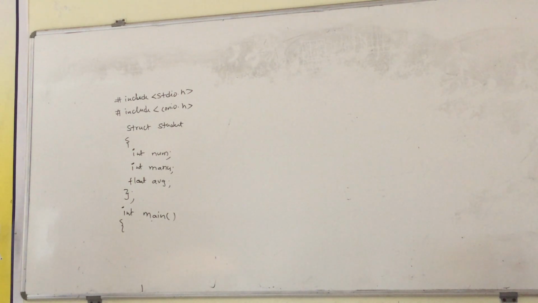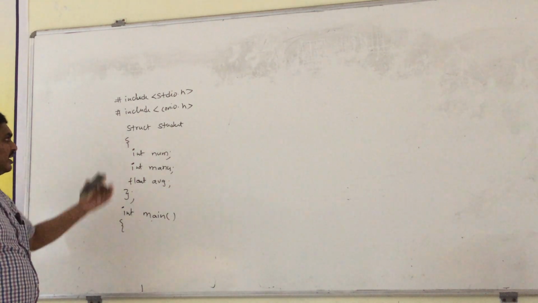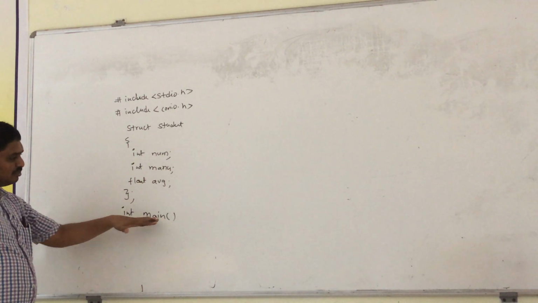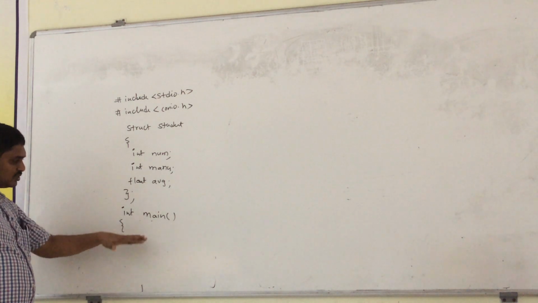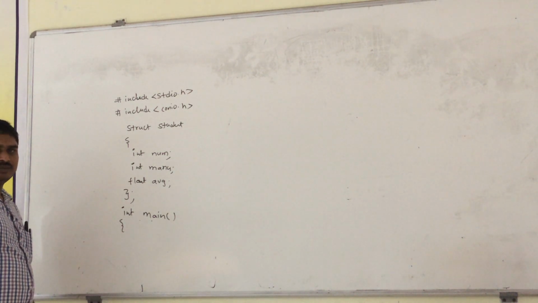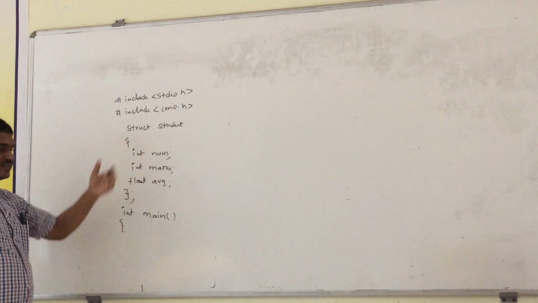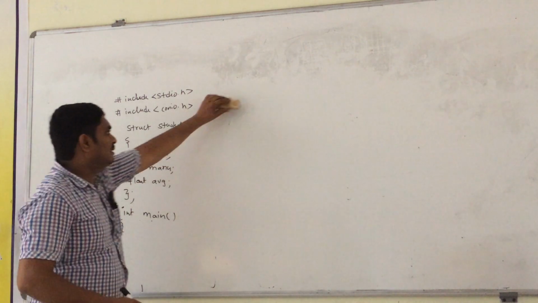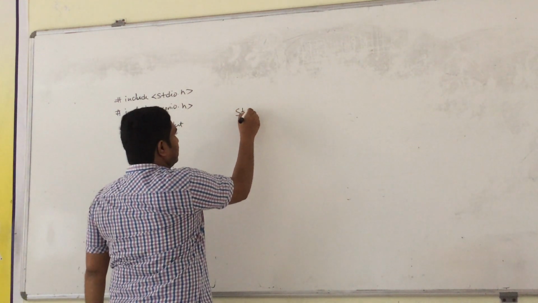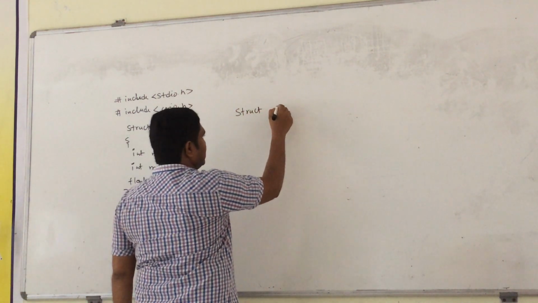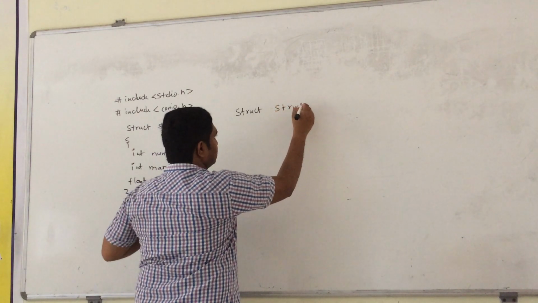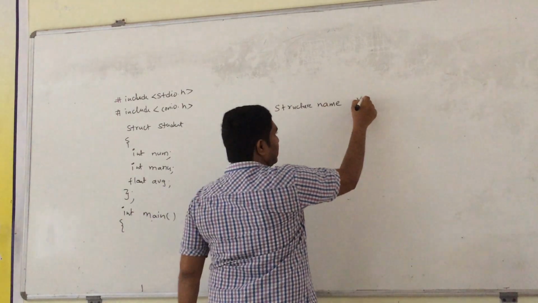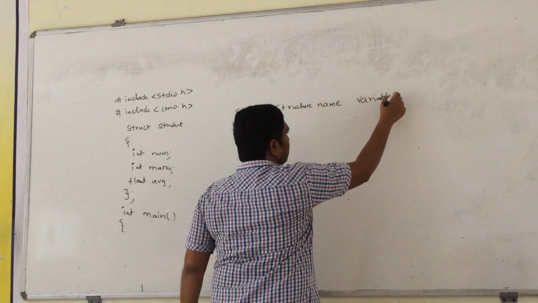Here we define the variables for the structure. Generally the variables are declared after the main function starts, and here also we declare the variables of the structure. The variables are defined like: struct, structure name, space, variable.